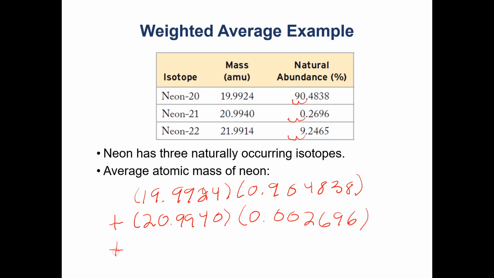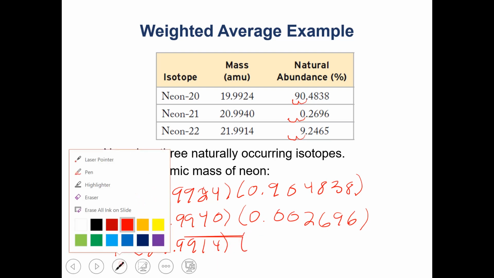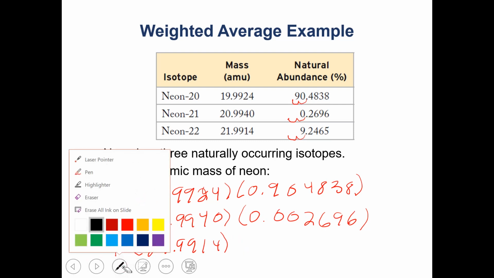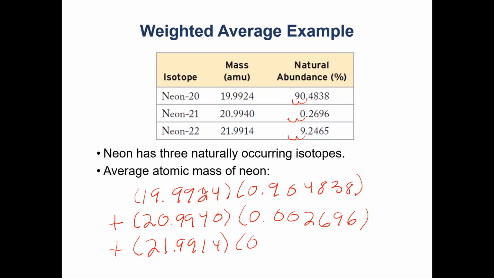And then for our last isotope, the same thing. And for these, what I'm going to tell you to do is to keep the same number of decimal places that you're given in the mass when you calculate your final answer here.